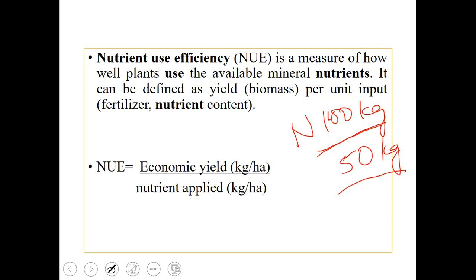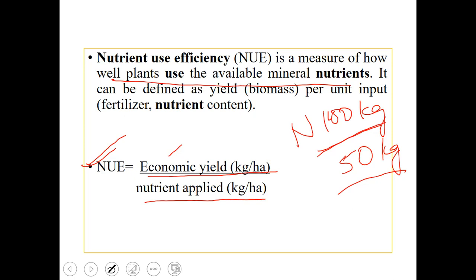So it tells about the efficiency of the plant, how well the plant can utilize the available mineral nutrient. It can be put in a formula: economic yield divided by nutrient applied. Economic yield means the yield which is of importance to us. If we take the rice crop, the economic part for us is the grain, obviously.